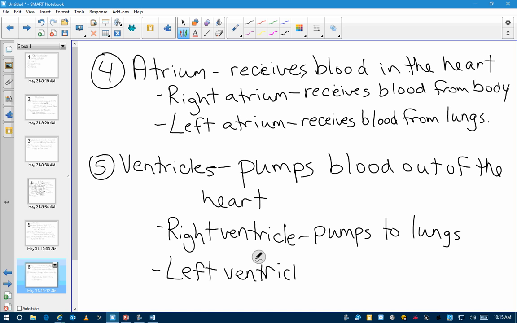It's backwards to the pumps. That's because the atrium is not pumping out to things, it's receiving blood in, kind of, but we'll talk about that, just wait. Left ventricle pumps to body.